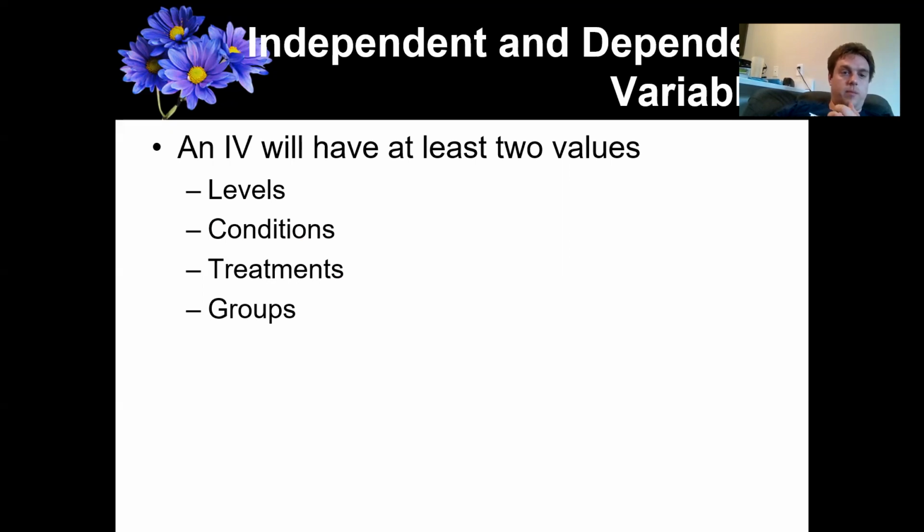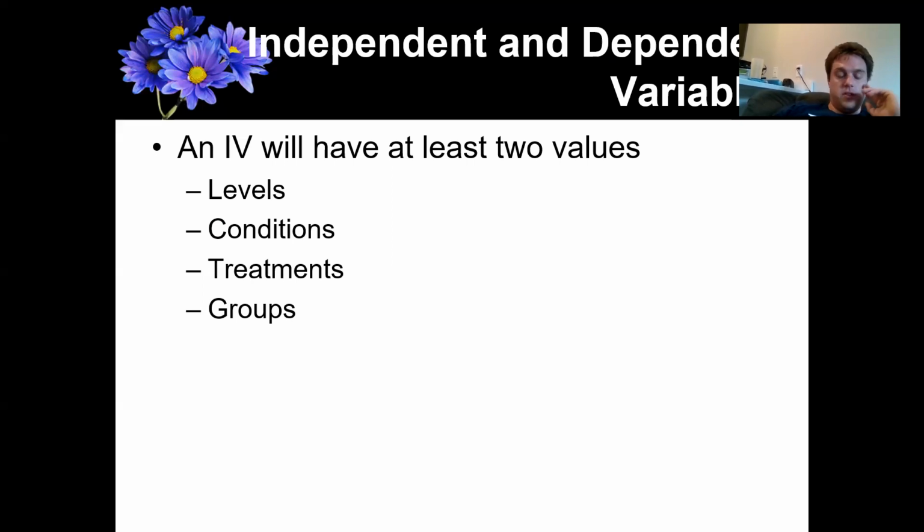So an independent variable will always have at least two levels or two conditions or two treatments or two groups. So what do we mean by levels? Well, we mean actually the same thing as these other things. How many conditions or how many treatments or how many groups are there?